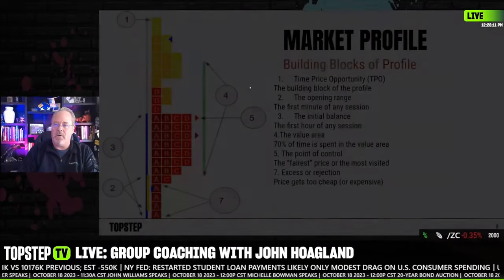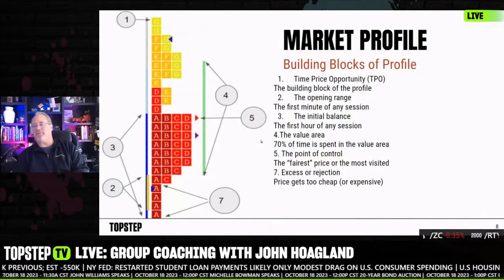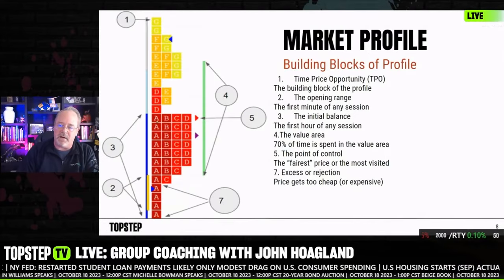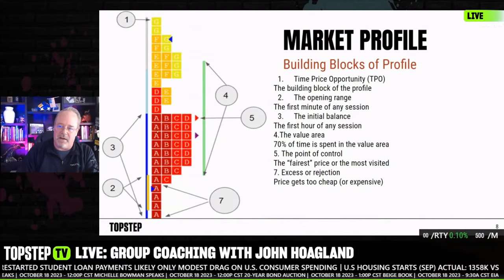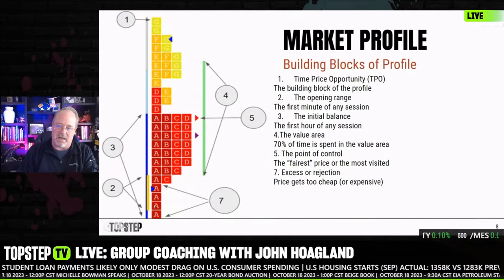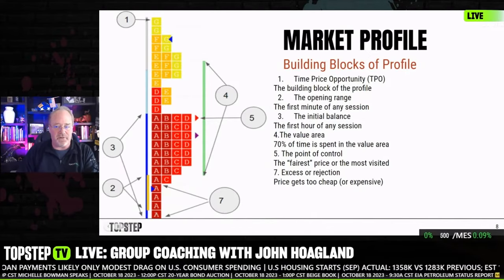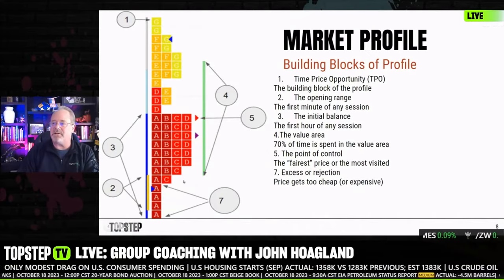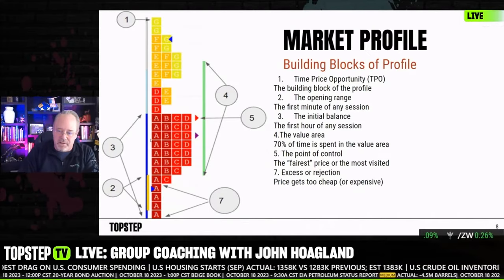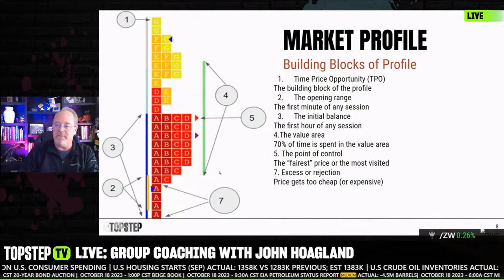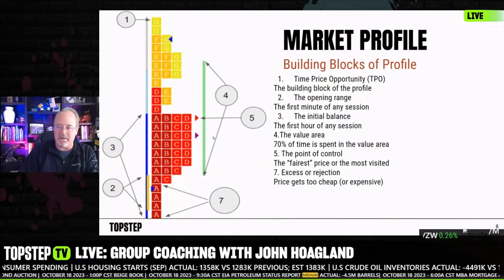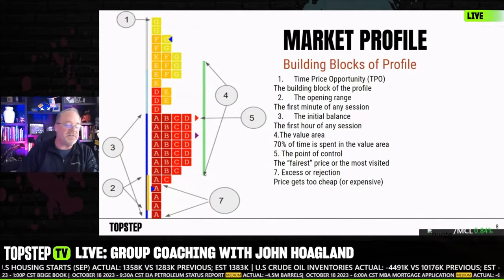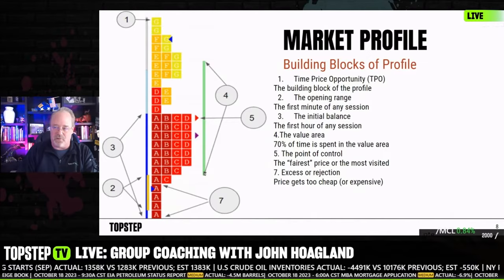So the building blocks of profile, a little bit of a review here: each little block here represents one tick. The A period is the first 30 minutes. So the opening range, the first minute of the session; initial balance, the first hour of the session; value area, where 70% of time has been spent based on the position of the point of control.